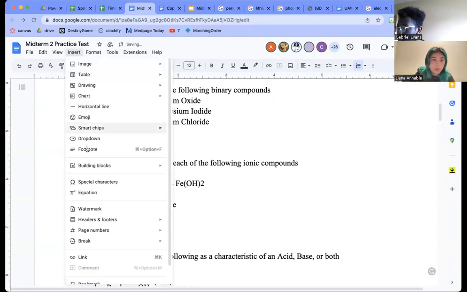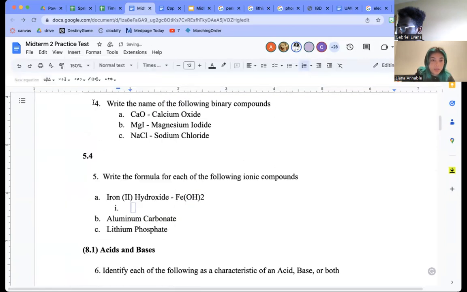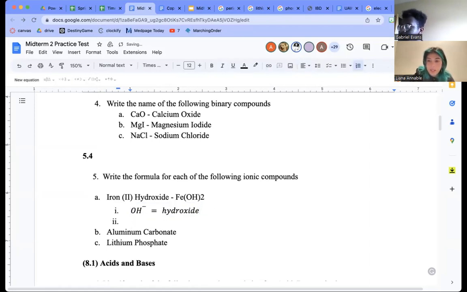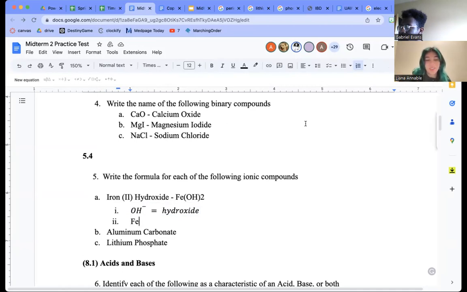Here, I'm gonna make it look nice so you can really see it. OH minus is hydroxide. And iron can have, a lot of people are confused as to why transition metals can have multiple charges.